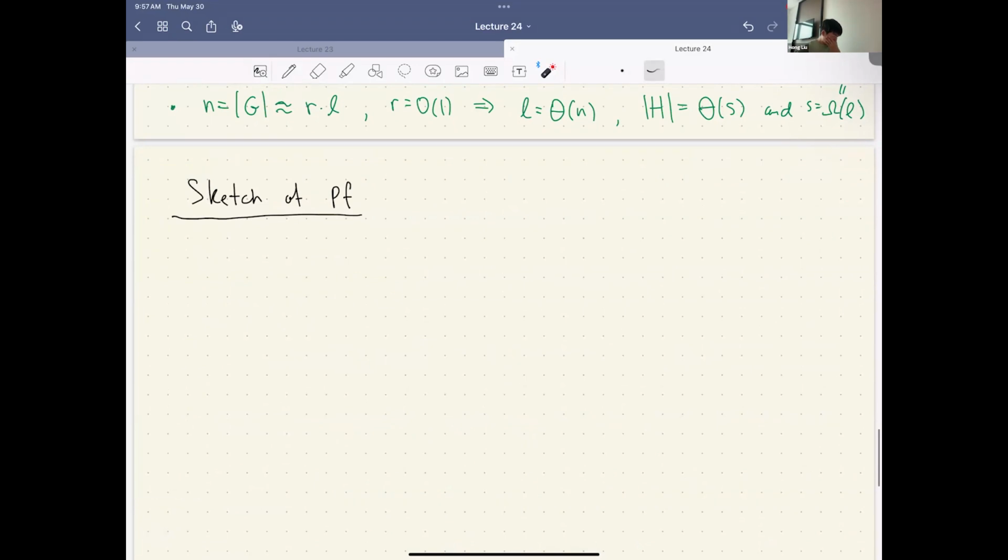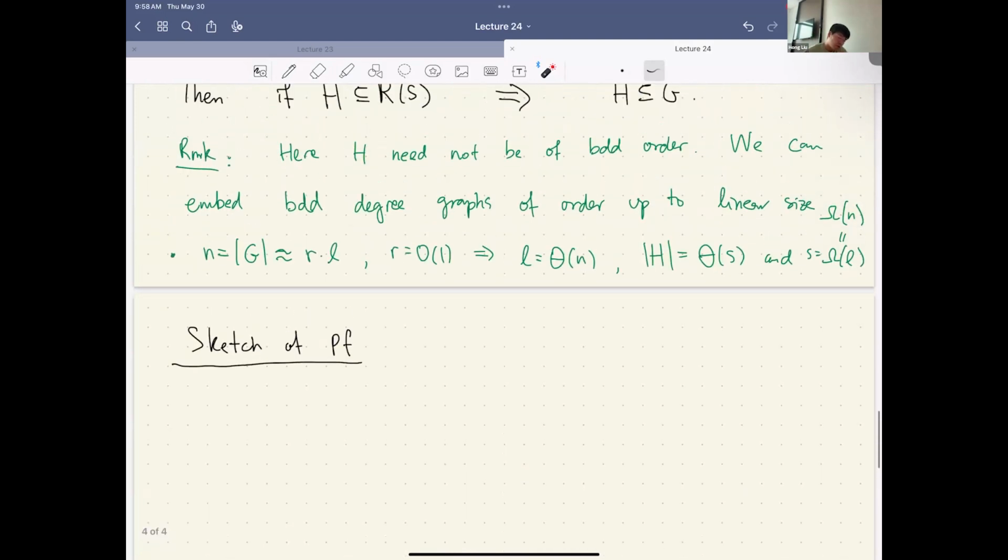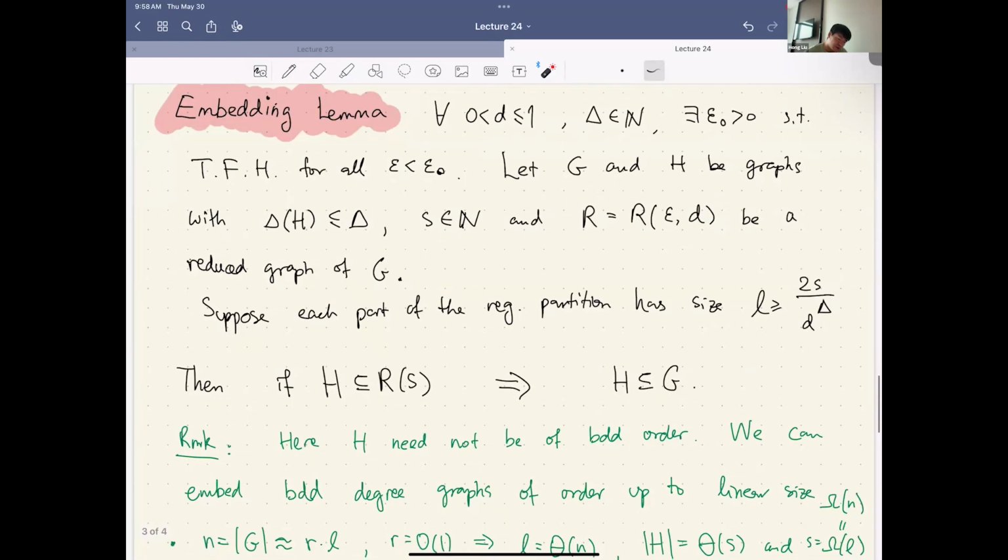So let me give an example of a simpler case. For generic H, the proof is not much harder.